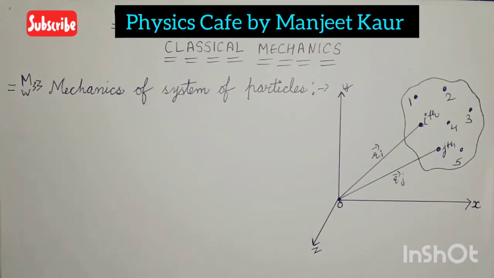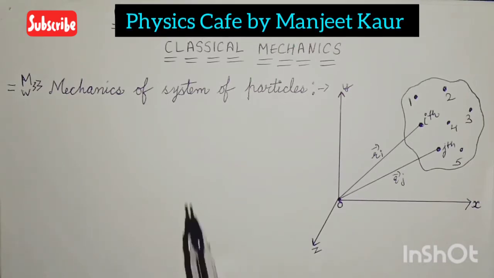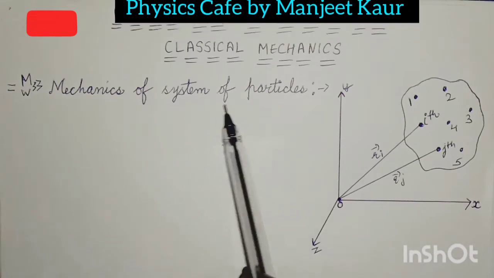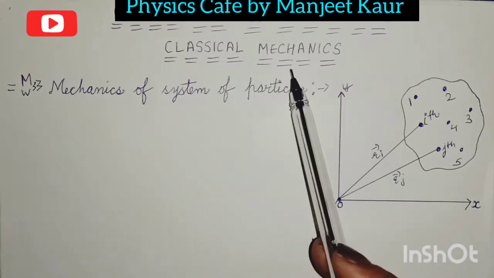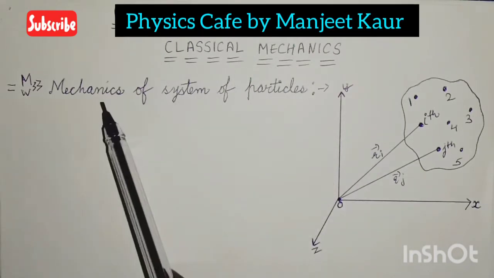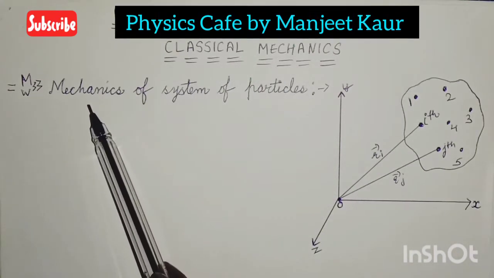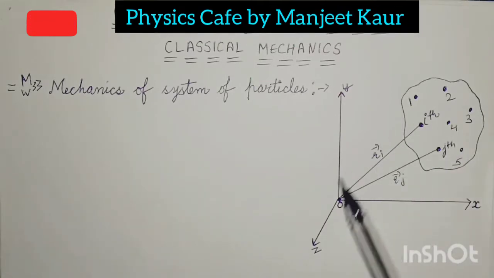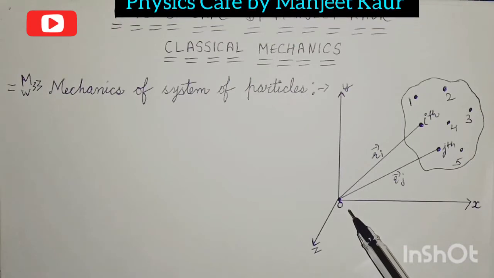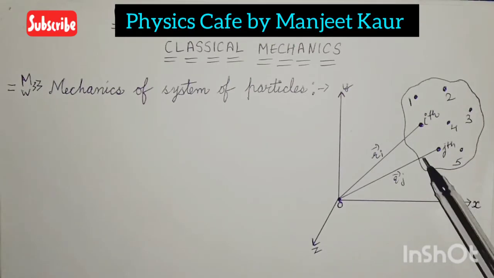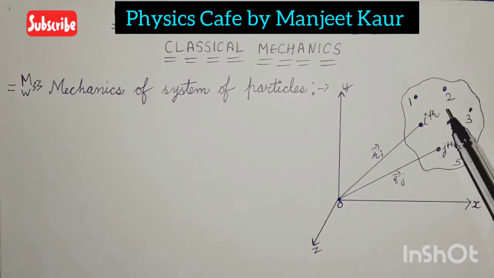So today our topic is mechanics of system of particles, which is from classical mechanics. For this topic, here we have an XYZ plane whose origin is O. Here we have a number of particles whose mass is m.